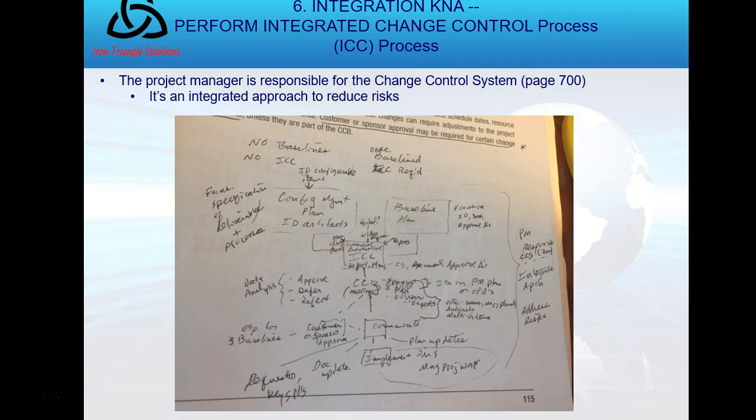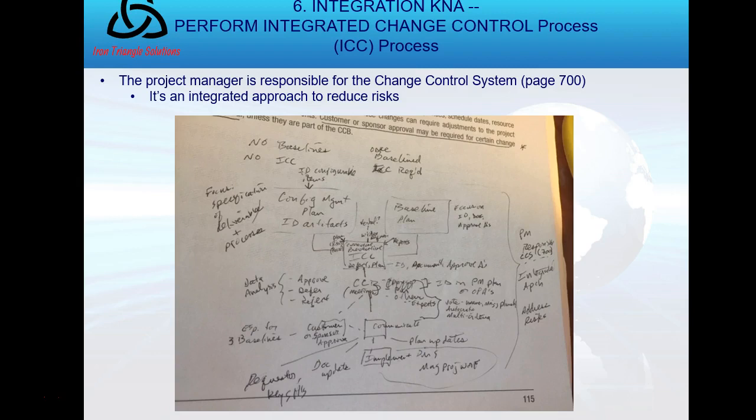There are a couple of key inputs into integrated change control. One is the configuration management plan. Those are items that are configurable, or that you baseline, that you must manage what level we're on. And then once baselined, now ICC becomes required. So we have the baseline plan, which is going to focus on identifying and approving changes.